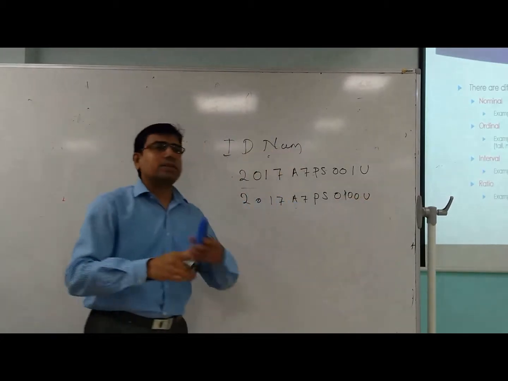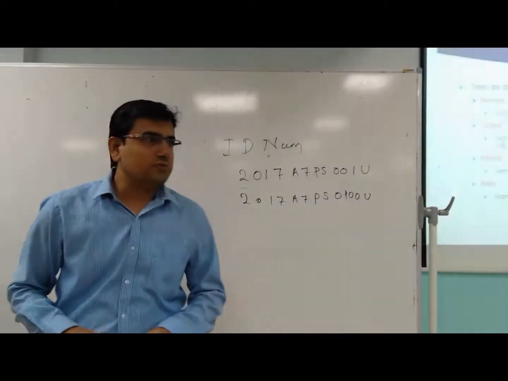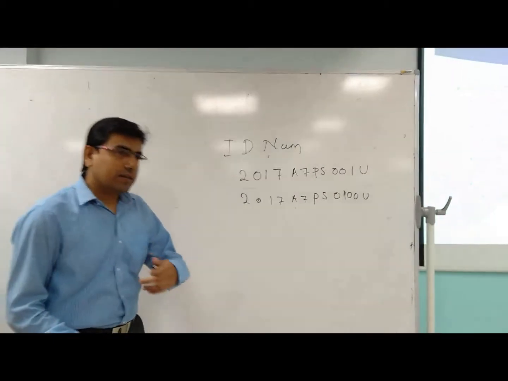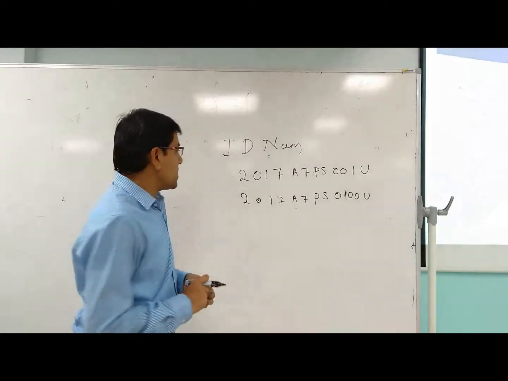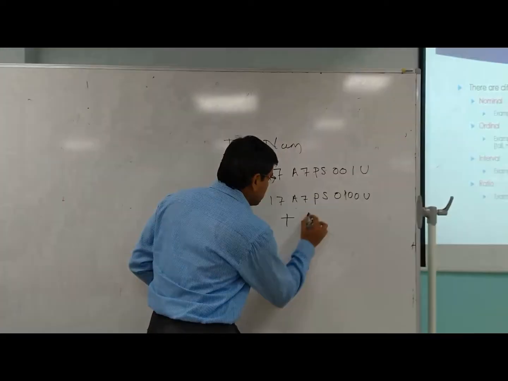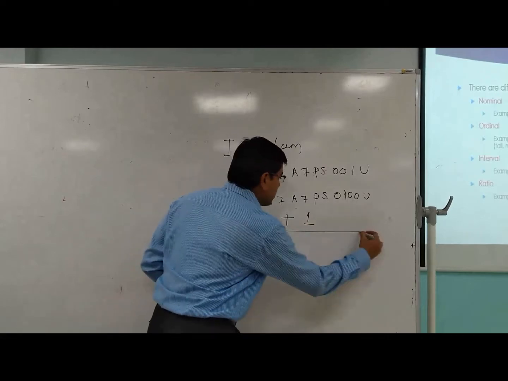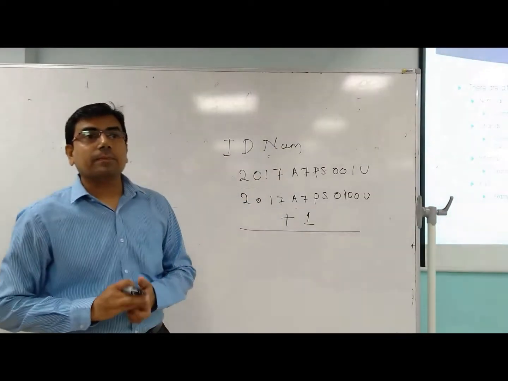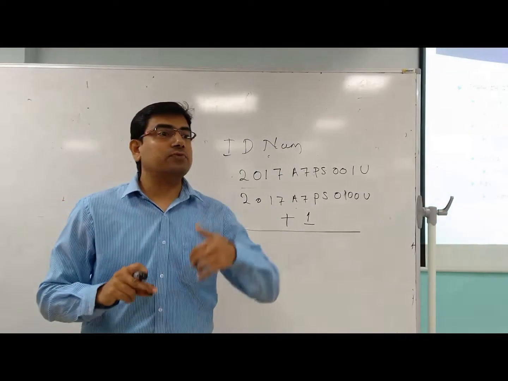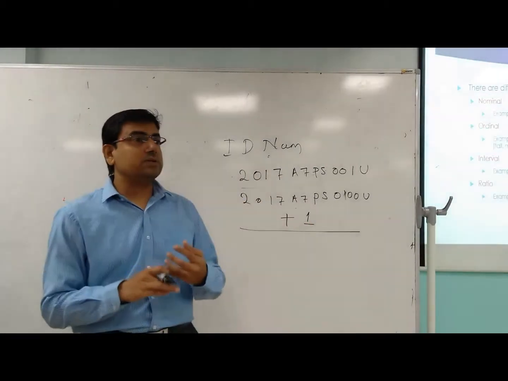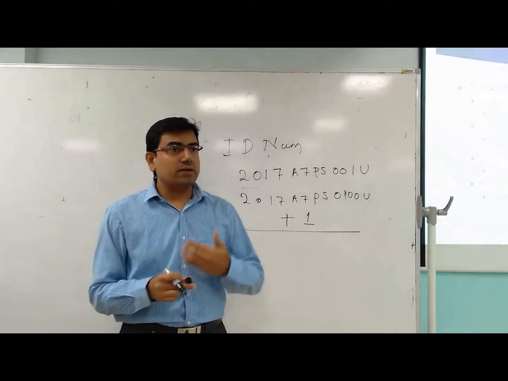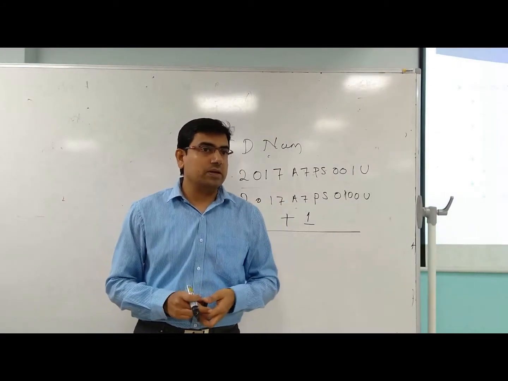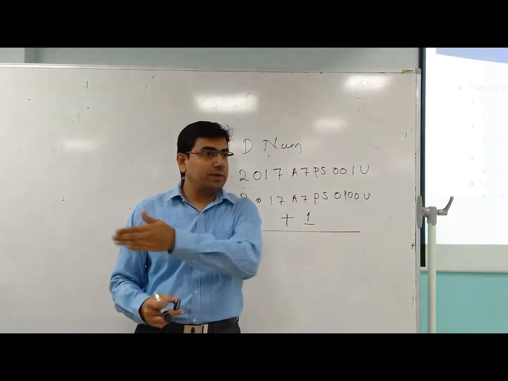After that, additional students are taking admission, and I would like to create the next number. Can I add the value 1 here and generate the next number? Is it possible? I would like to just add the number, because as the admissions are progressing, I would like to generate this ID number in a progressive manner.